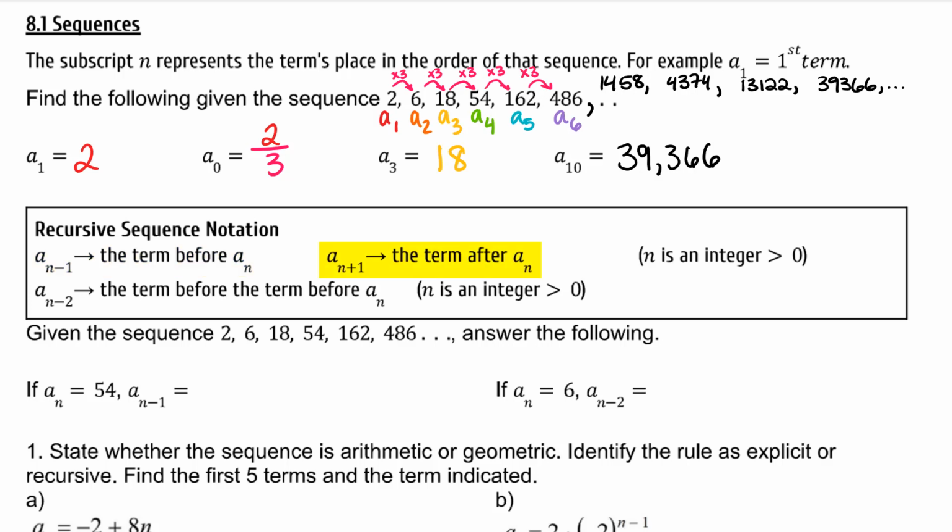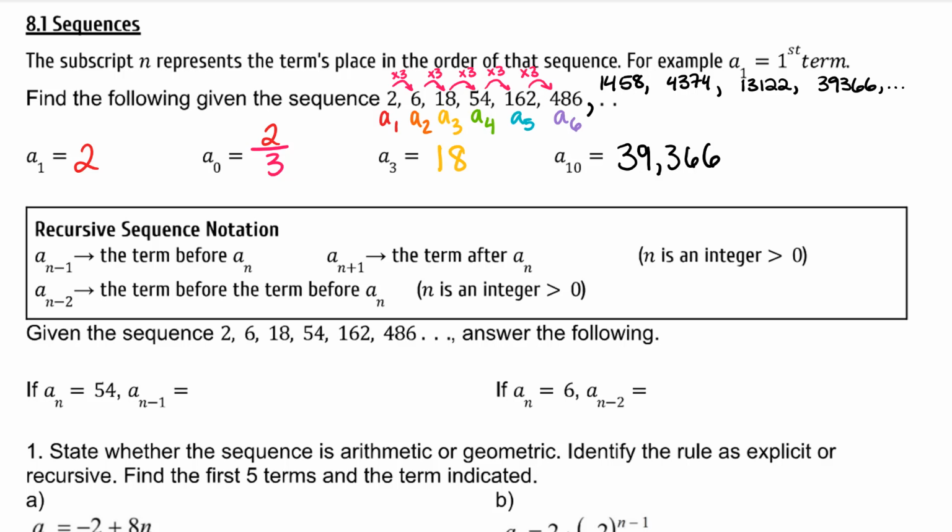A sub n plus 1 comes right after a sub n. N has to be an integer greater than 0. A sub n minus 2 is the term before a sub n. And similarly, a sub n plus 2 would be the term after a sub n. So the subscript is only giving you the order of where these terms lie.